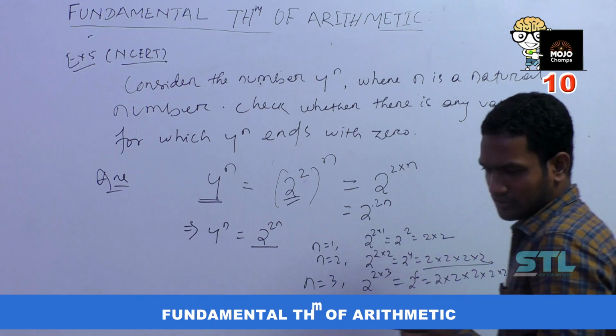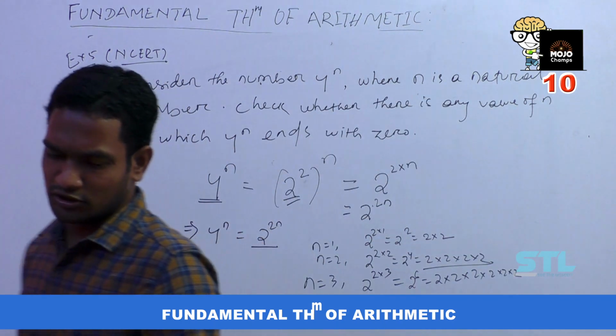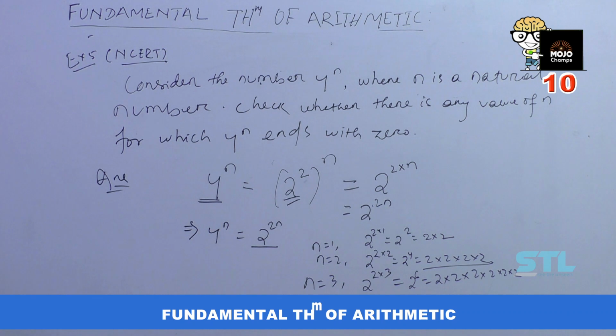Now you observe here, it's very simple. 2 square is 2 into 2, and 2 to the power 4 is 2 multiplied 4 times. 2 to the power 6 is 2 multiplied 6 times. So when I multiply, 2 into 2 is 4, 2 to the 4 is 16, 2 to the 8, 2 to the 16.